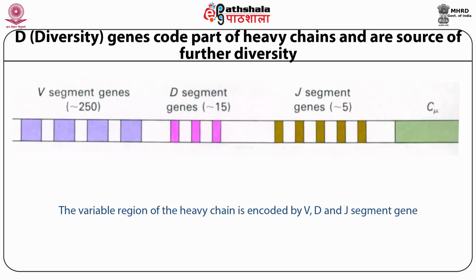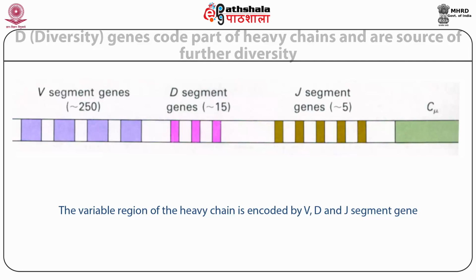Just like J segments, these D segments also play an important role in determining the specificity of antibody, which is coded by the complete gene. It may be noted that the D segment is responsible for determining the third complementarity determining region of the heavy chain.